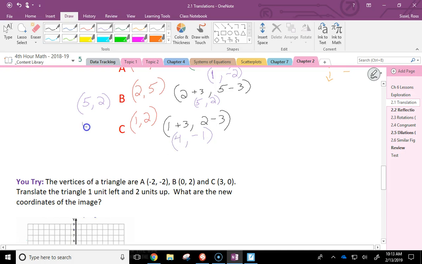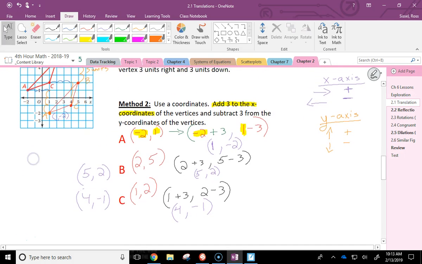So my new C coordinate should be at 4, negative 1. If we look, our new coordinate for B was at 5, 2. C was at 4, negative 1.